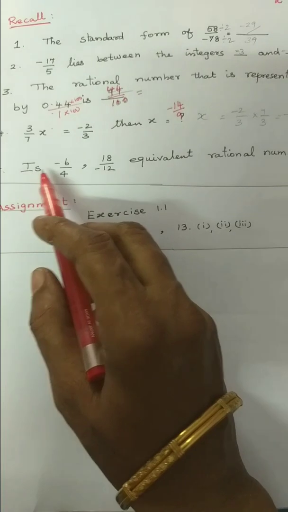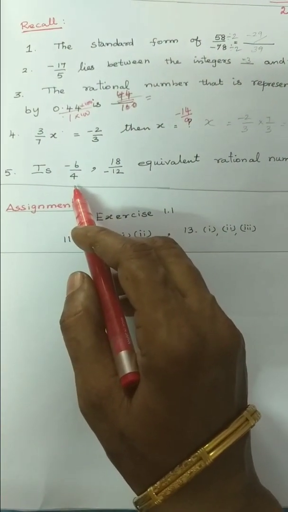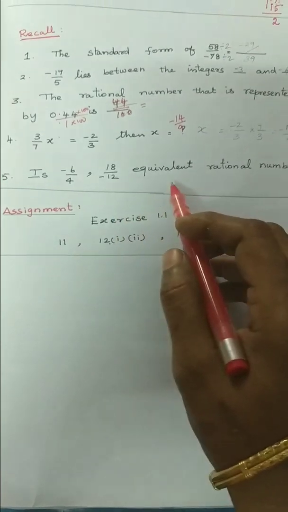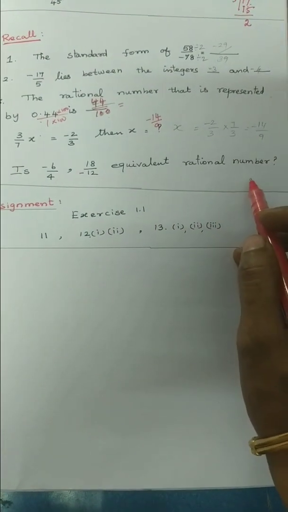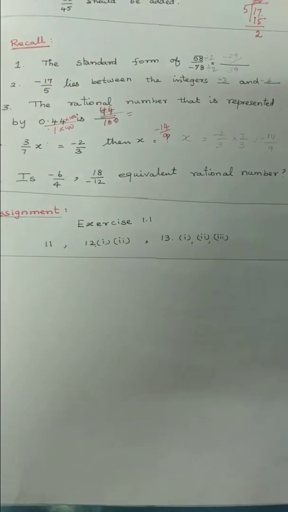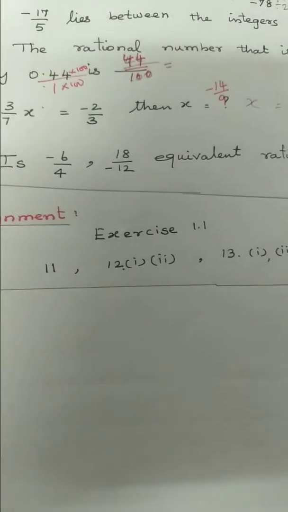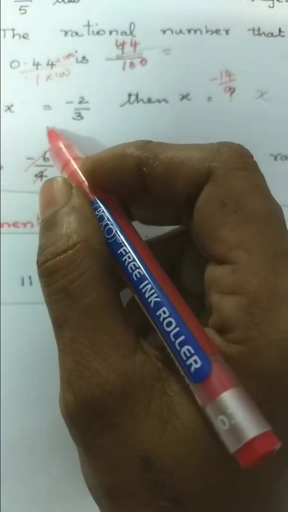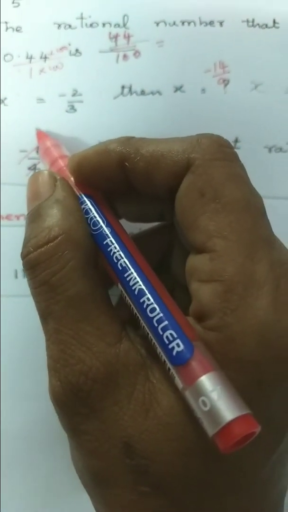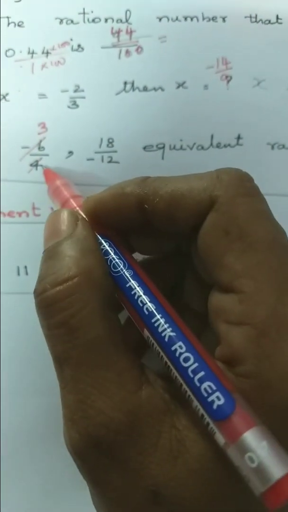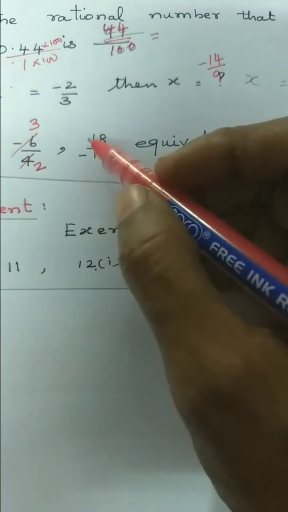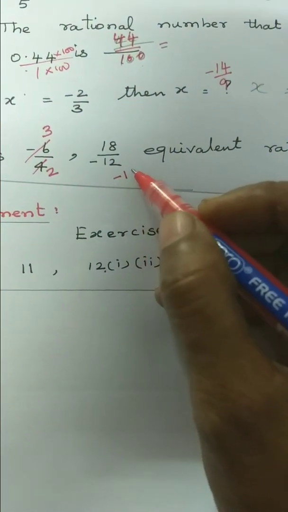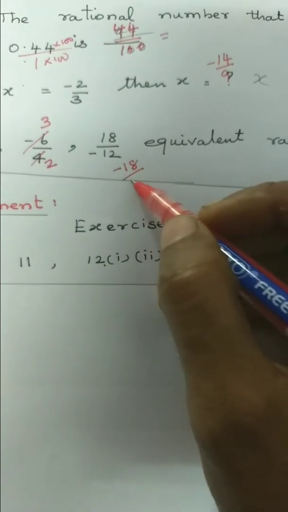Next, minus 6 by 4 and 18 by minus 12 are equivalent rational numbers. You can cancel and see. You can cancel by the 2 table: 3 2s are 6, 2 2s are 4. You have to bring the negative to the numerator for 18 by minus 12.